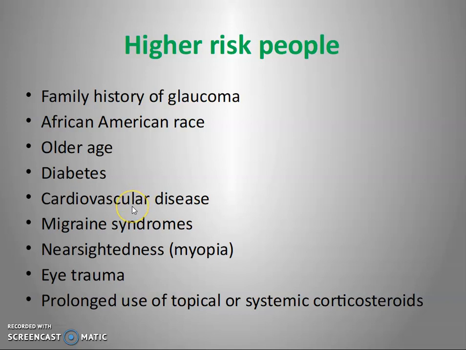In patients with migraine, there is production of a vasospastic condition, which again can damage the optic nerve. In patients with nearsightedness, that is myopia, the condition develops because the rays are focused in front of the retina and are not proper, and that's why the person is able to visualize just nearby objects.